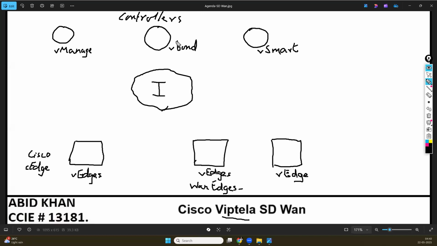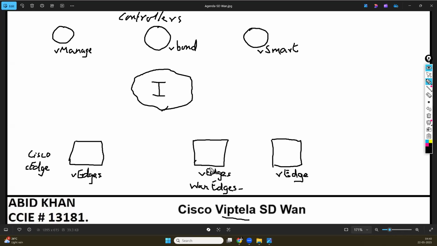Now, if you take the software, vSmart and vBond, these controllers will have some console, like on a server you need to have a console port, like how we have on the routers.